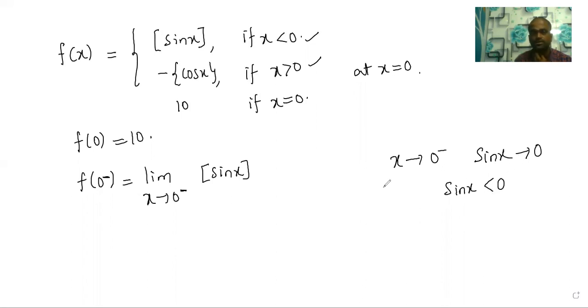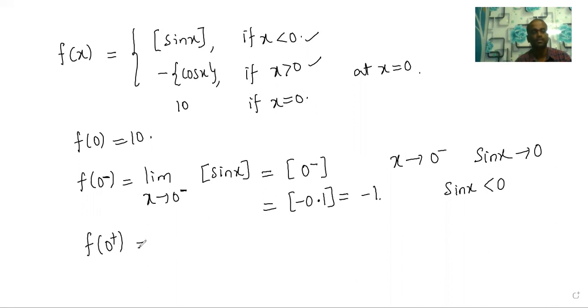That means as x tends to 0 minus, sin x tends to 0, no doubt, but from the left side of 0. Sin x will be negative and tending to 0, so sin x is tending to 0 minus. You can take, for example, minus 0.1, or if possible minus 0.0001. Then box of minus 0.1, or minus 0.01, or minus 0.001 will be minus 1. So the left hand limit will be minus 1.